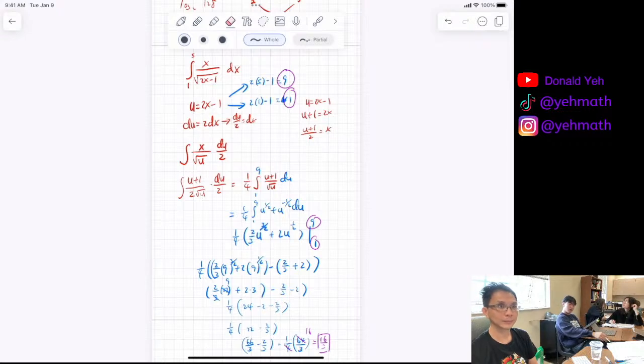If you need to, take a picture of it. You need to know how to do it, and I will go over it again. Just make sure you know how to do it right.